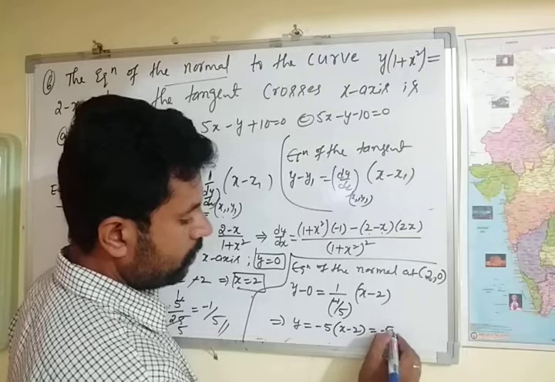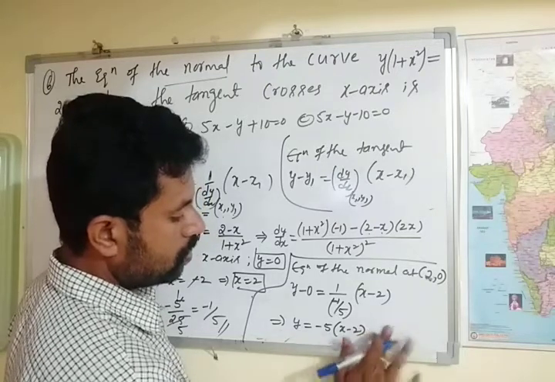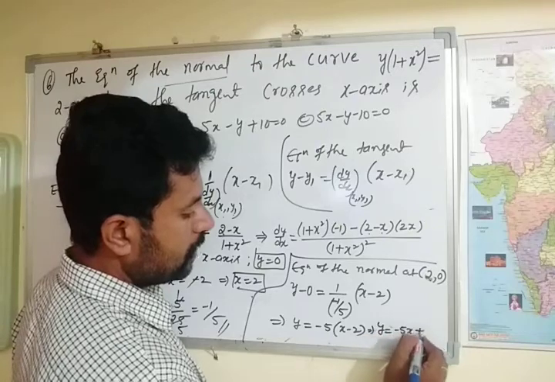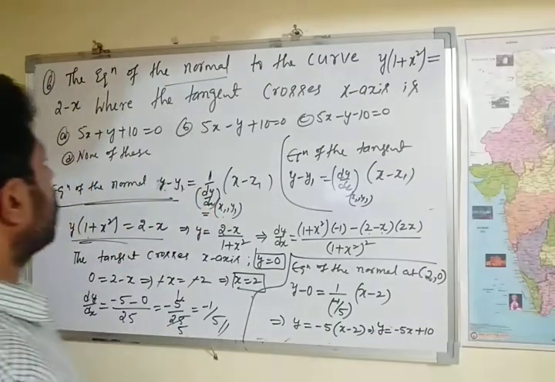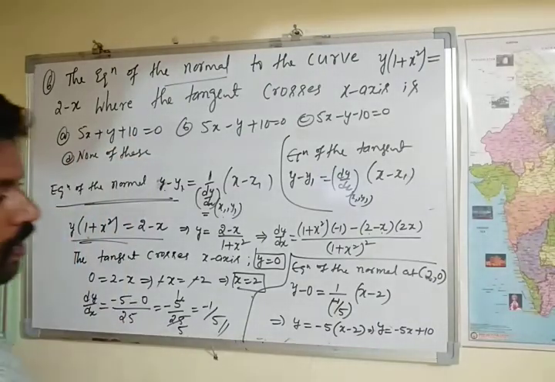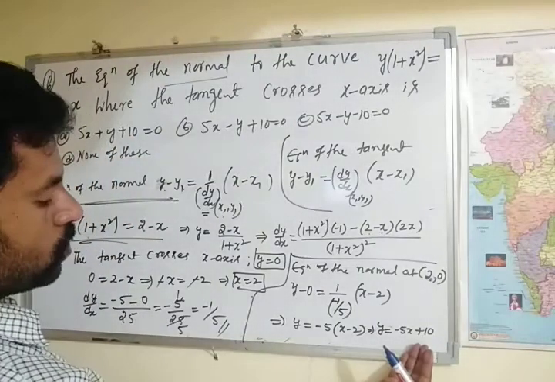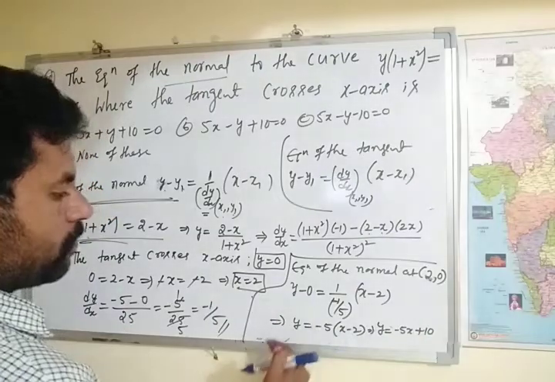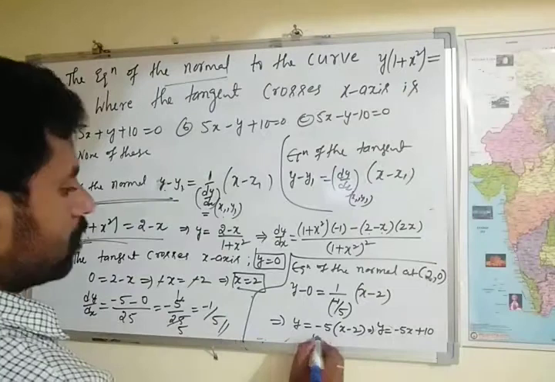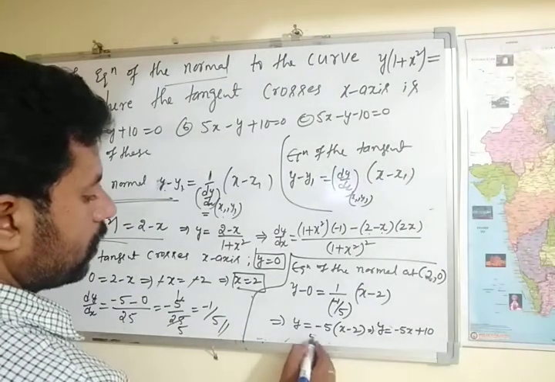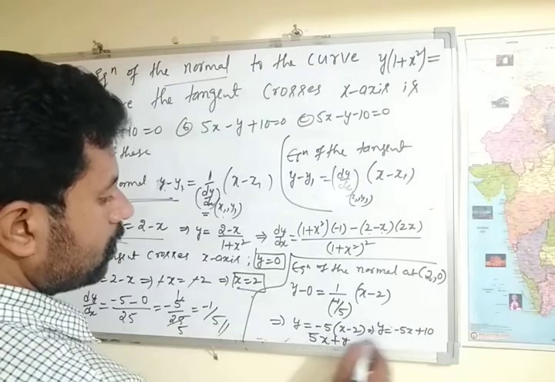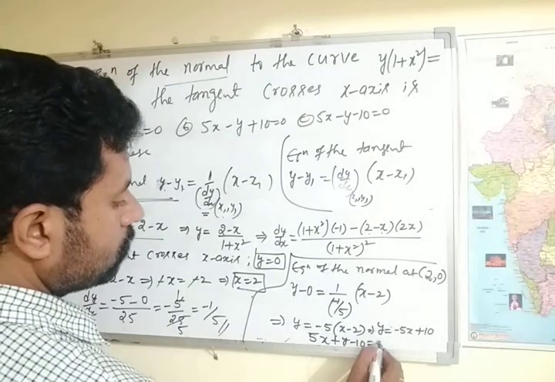So y is equals to minus 5x plus 10. But we have the options in the form 5x plus y plus 10. Taking the right hand side to the left hand side, sign changes: 5x plus y minus 10 is equals to 0.